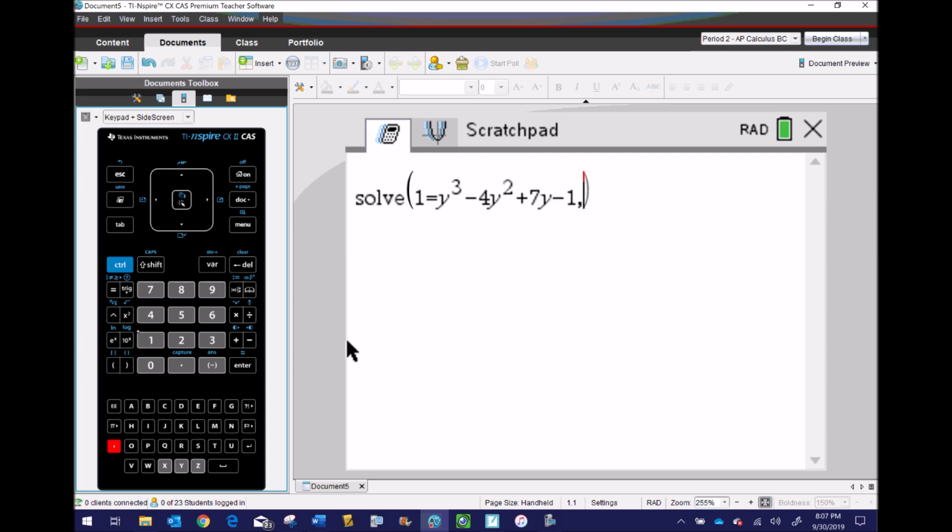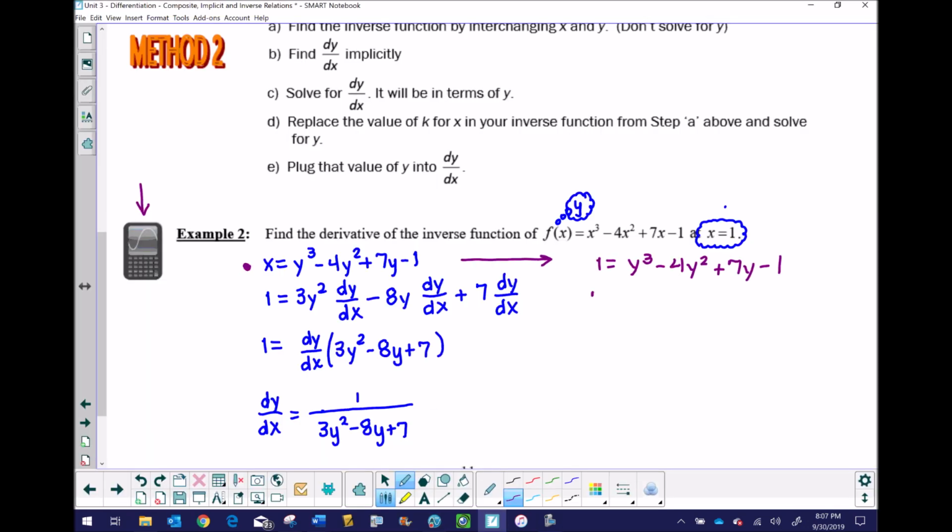Now I have to tell the calculator which variable it's going to solve for, comma y, and then when I hit enter, it will give me an answer, 0.349371. So I'm going to record that answer underneath here, 0.349371, and that will tell me at what value I would evaluate this particular y.